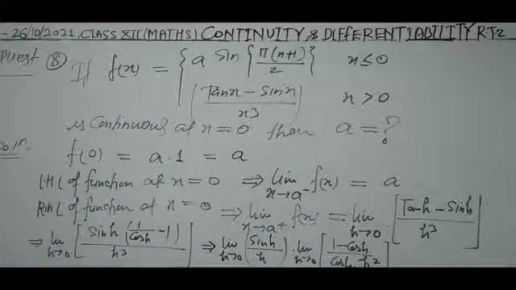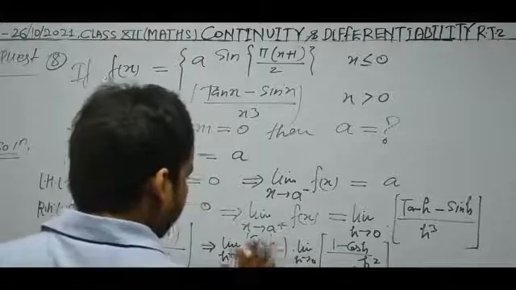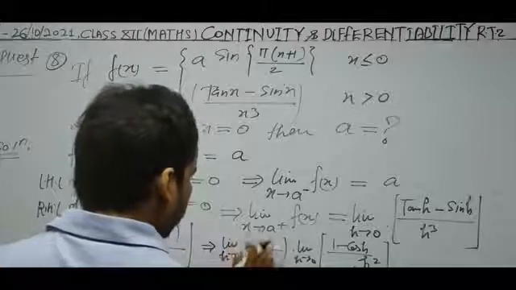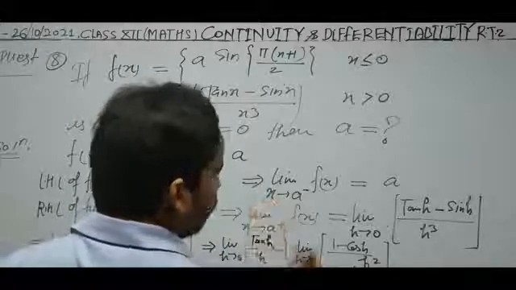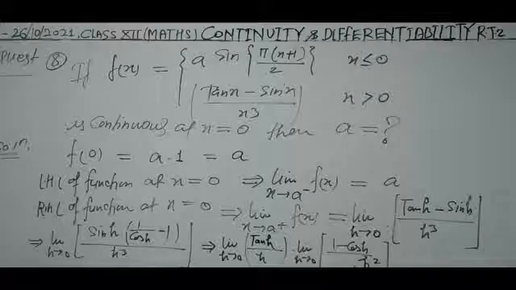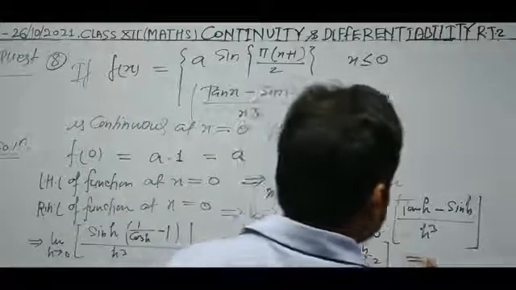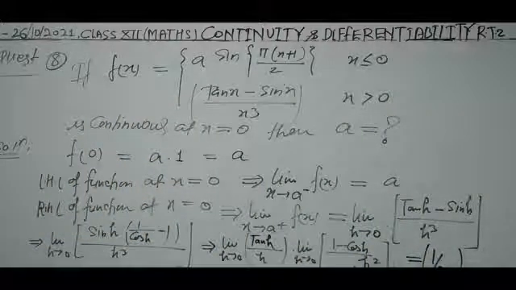So we can write tan h upon h, and this will be 1 also. And the 1 minus cos h formula, you know, is 2 sin square h by 2. So when you put the limit, you will get the result 1 by 2.